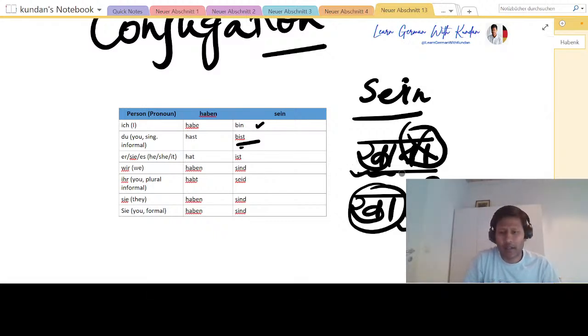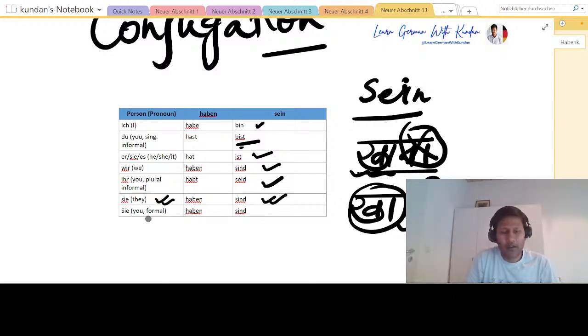We have seen that in the last class, and we are not going to see that again. We will just review it. So this is ich bin, du bist, like you are, and er/sie/es ist, and wir sind, ihr seid. Ihr means the plural form of you, and sie is they, so sie sind.